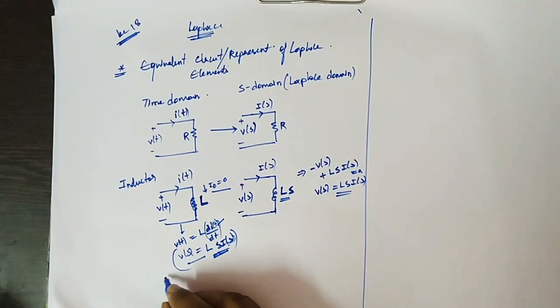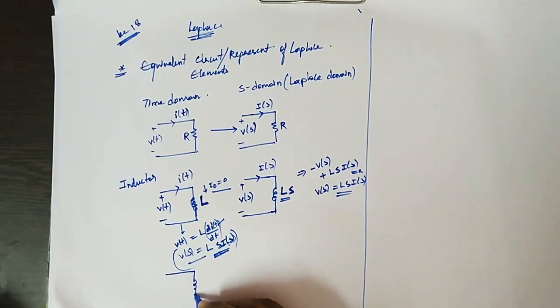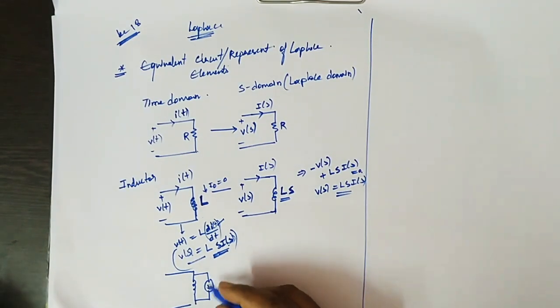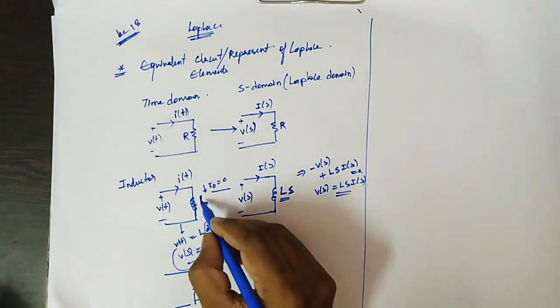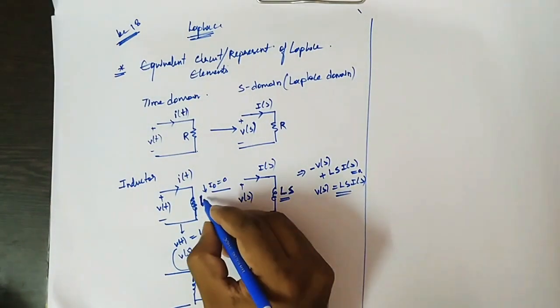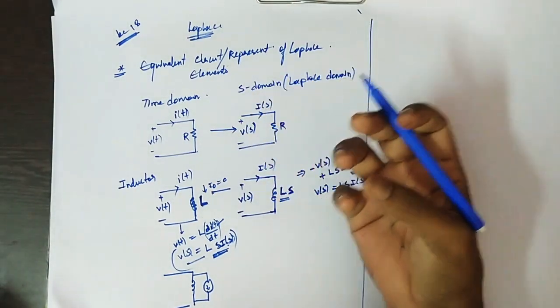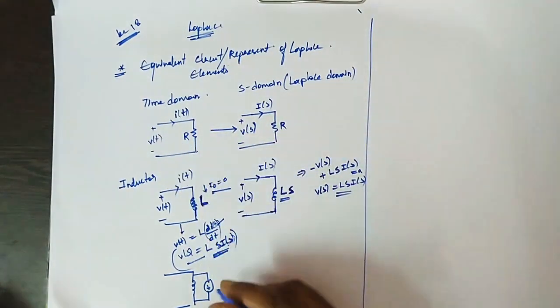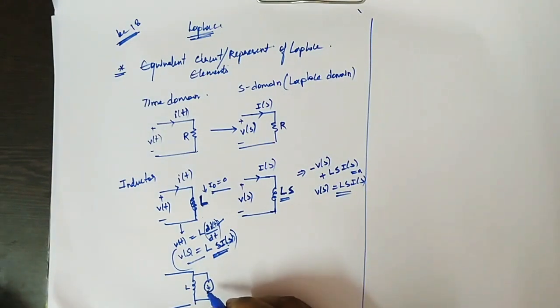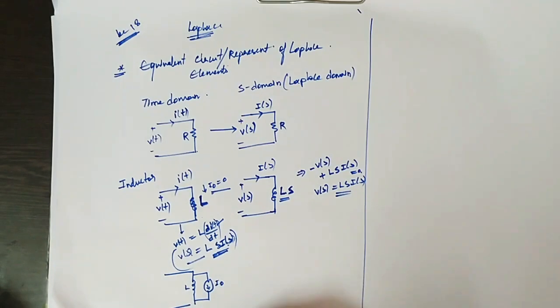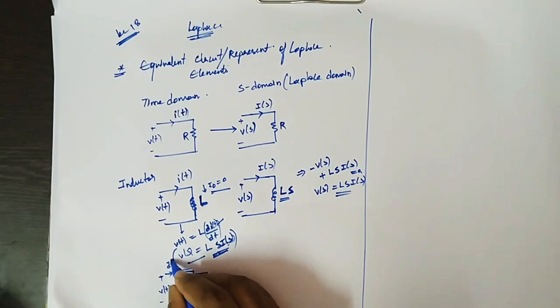The same inductor has an initial current I naught, that is, somewhere it has been charged, and we replace that inductor here. This inductor has inductance L and initial current I naught, with input voltage V of t and current I of s.